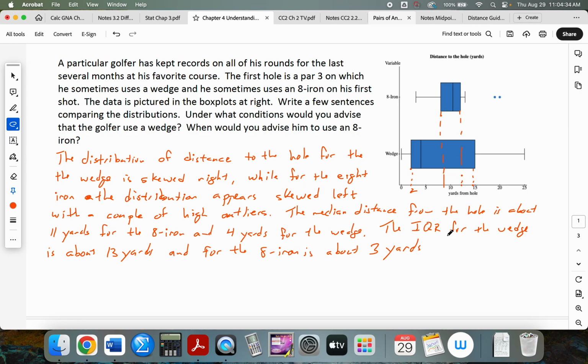If you desperately need, you're behind and you need to catch up with someone, you probably want to use the wedge, because you have a better chance of getting close to the hole with that than you do with the 8-iron. If you want to play it safe, you should probably use the 8-iron. You're less likely to have a shot that's way, way away.